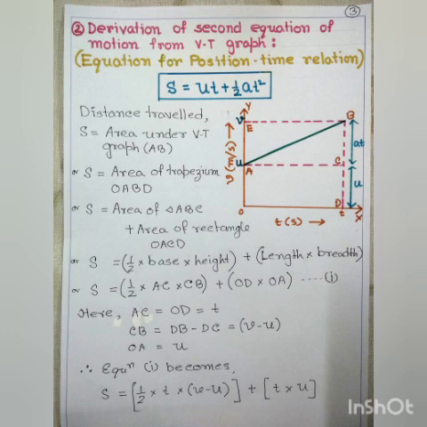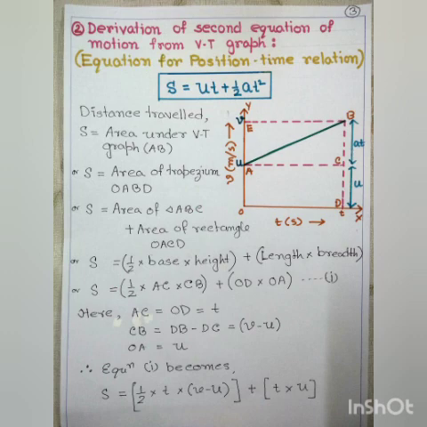Now see here, what is AC? That is equal to OD, and that is equal to time T, means AC equals OD equals T, and see, CB, the height of the triangle, is equal to BD minus DC.